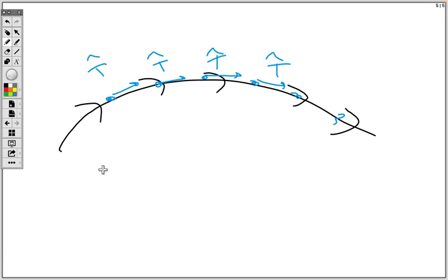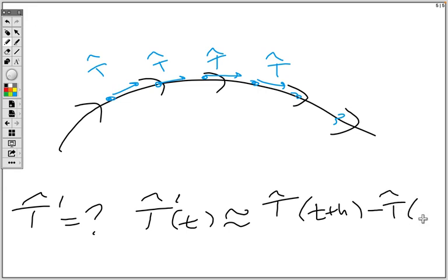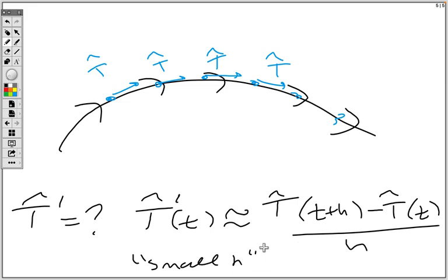If I wanted to figure out what T hat prime talks about, we can go through the limit definition, and T hat prime would be approximately equal to T hat of t plus h minus T hat of t, all divided by h for a small value of h. So take a minute and make sure we're all good with that.